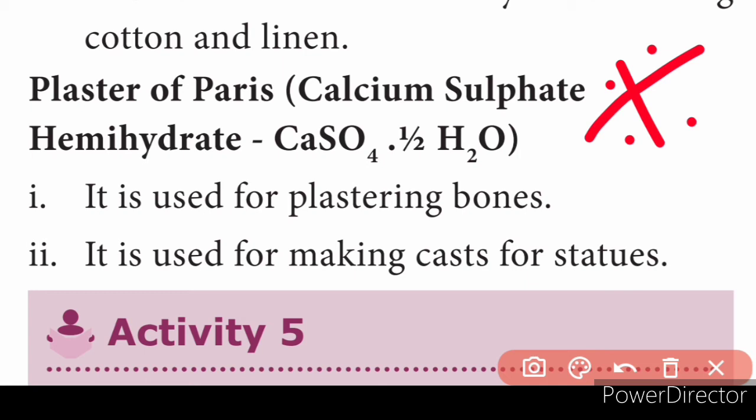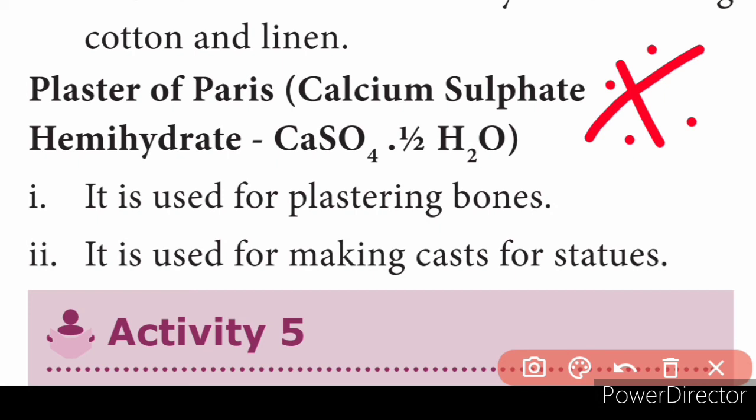The skeleton models kept in medical labs and medical colleges are made of plaster of Paris. They apply this powder on the fractured part and then tie it up with cloth.